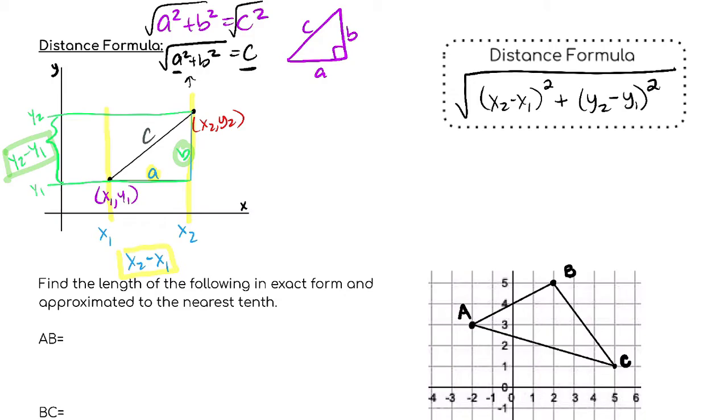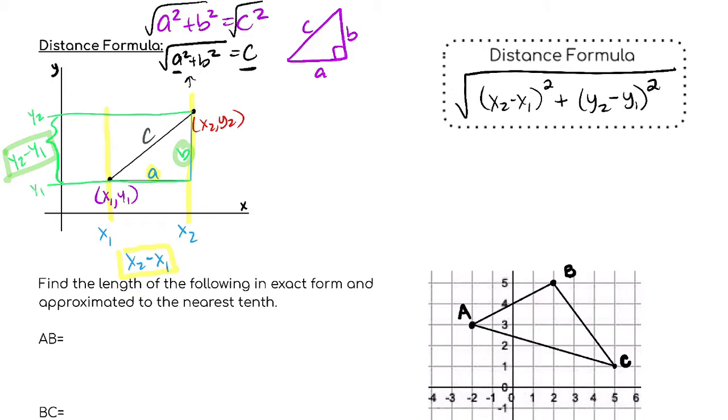In the notes here, we are going to do exact form as well as a rounded form. I'm going to grab a calculator real quick, because I certainly can't do a nearest tenth of a square root without a calculator.